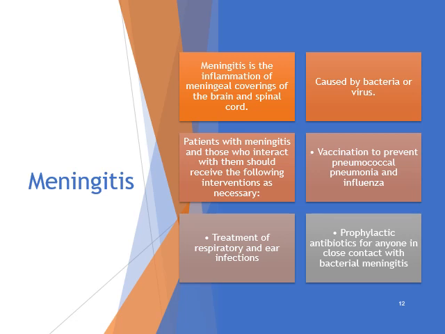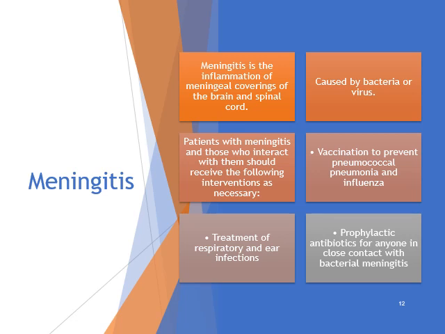Meningitis is the inflammation of the meningeal coverings of the brain and spinal cord. It's caused by a bacteria or a virus. Patients with meningitis and those who interact with them should receive the following interventions. Vaccination to prevent pneumococcal pneumonia and influenza.